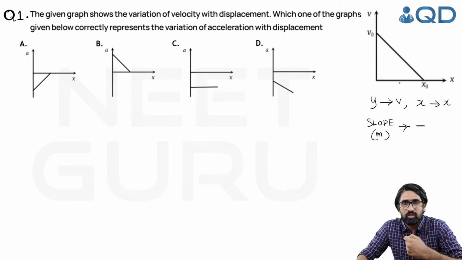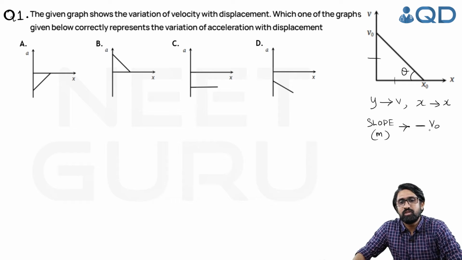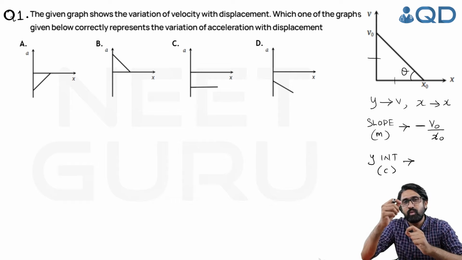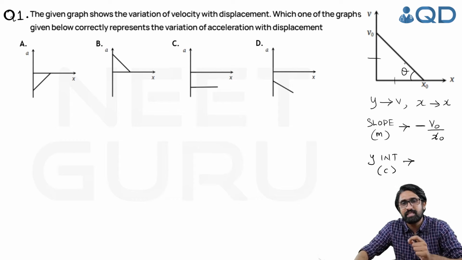And the value of the slope, the magnitude, will be tan theta if this angle marked here is theta, and that will be opposite side by adjacent side, that is v0 by x0. So minus v0 by x0 will be the slope of the straight line, and the y-intercept c for this straight line, that is the point where the straight line cuts the y-axis, will be plus v0.